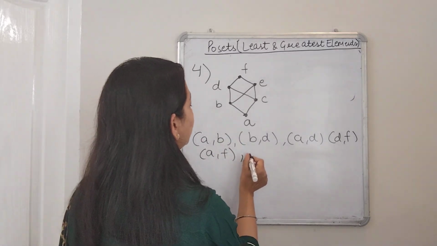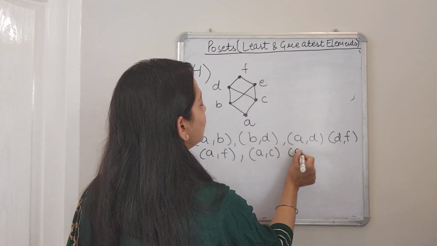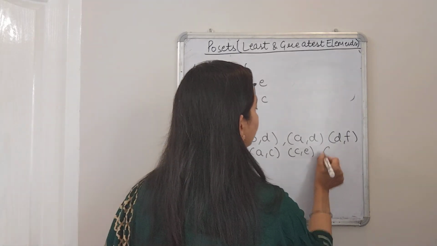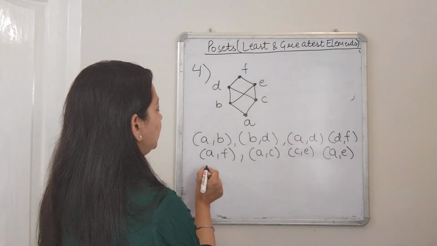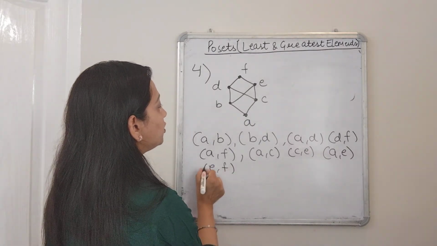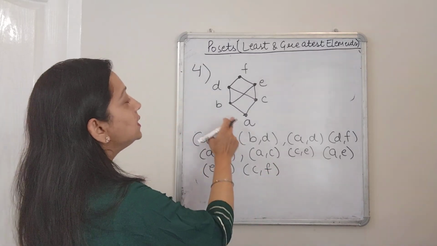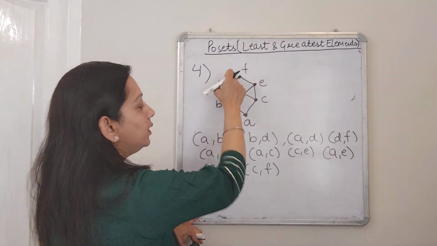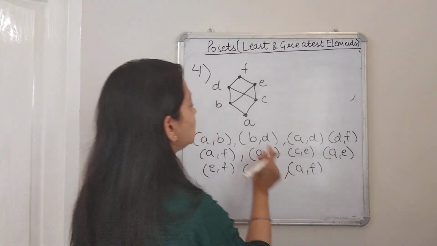Then ordered pair AC exists and ordered pair CE exists. So it's quite obvious that AE will exist, and then EF is there. So it's quite obvious that CF will be here. Now since A is related to B, B is related to D and D is related to F, that means AF would also exist.